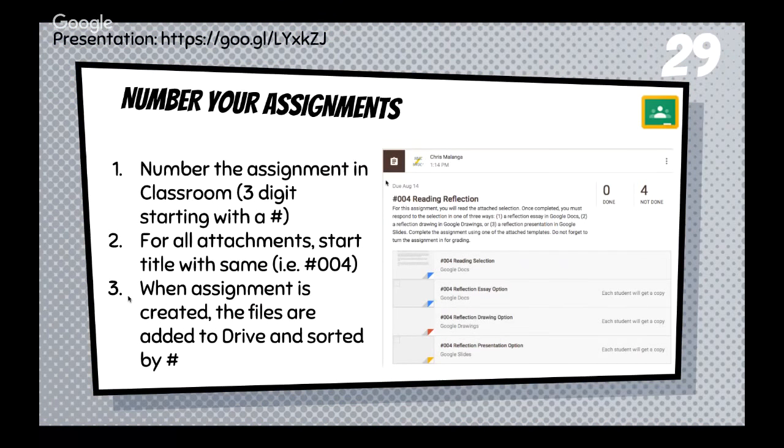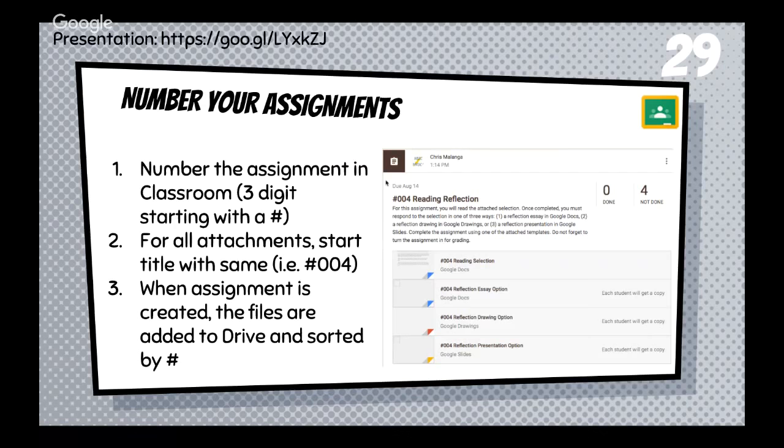This one is important when dealing with classrooms, and we have started using this one when Kristie and I are teaching our Google online cohort, and that is numbering the assignment in Classroom. So here the example shows a 3-digit number starting with a hashtag or a pound sign, for those of you that are my age.